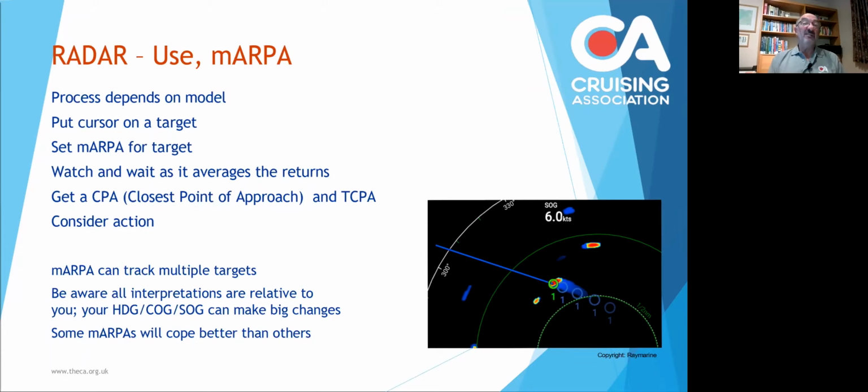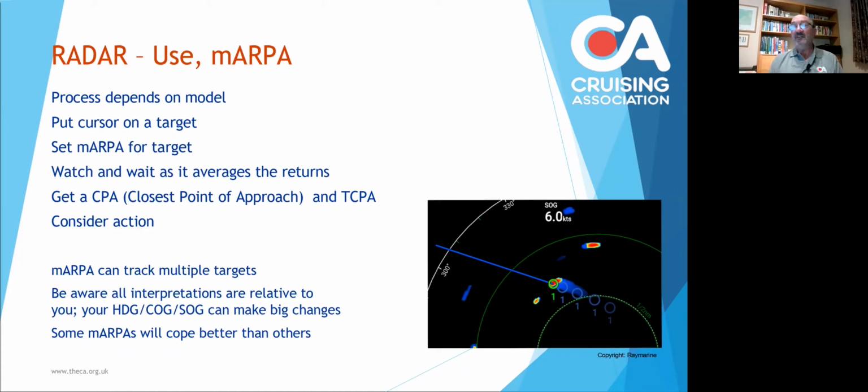So let's talk about MARPA. First of all, the process will depend on the model of radar system that you have. But generally, what you do is you put the cursor on a particular target, so a blob that's on there. You would then press a button to say, I want this to become a MARPA target or object. And then you watch and wait.